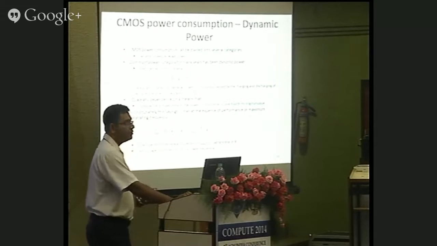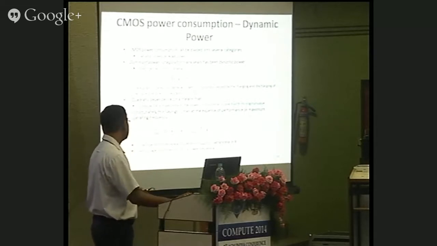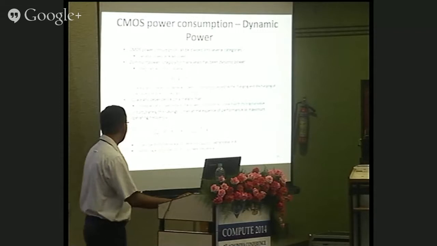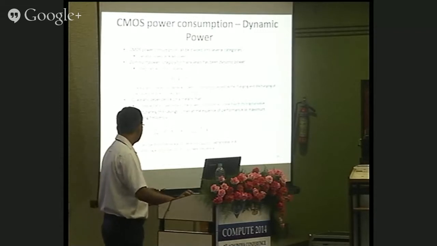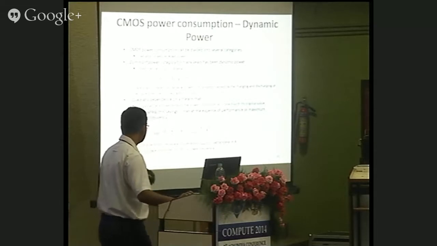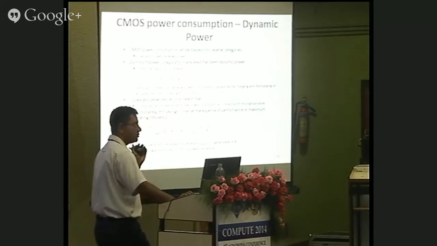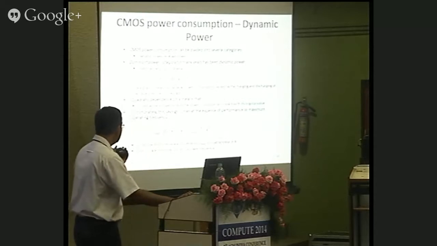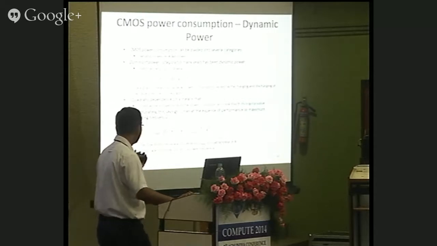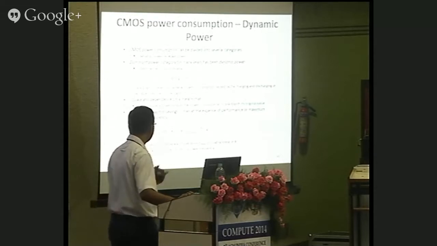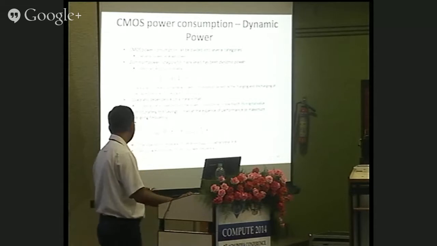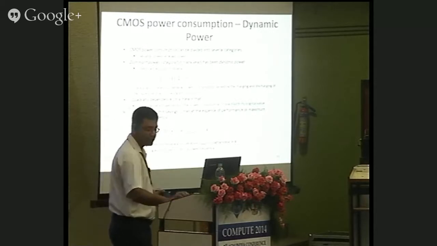But reducing the operational voltage comes at the expense of operating frequency. This F max, the maximum operational frequency, is proportional to (V minus V threshold) whole squared divided by V. If the supply voltage is quite large compared to the threshold, then F max is roughly linear in V. Therefore, if I reduce the supply voltage, it also puts the circuit at a lower frequency.